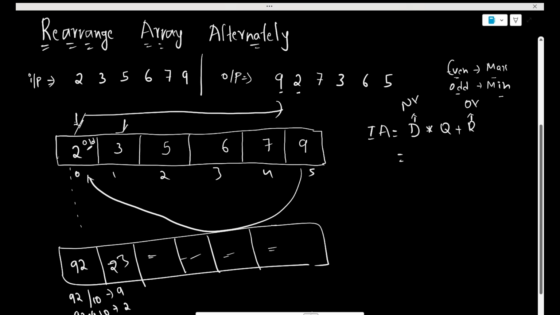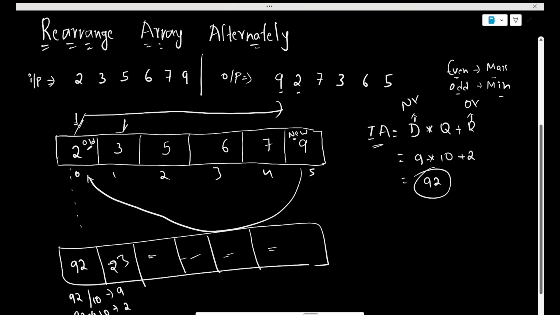What are we going to replace 2 with? 9. So this is the new value, right? Here the new value is 9 into, let's take the quotient as 10, plus the old value, 2. This is 92. That's how this intermediate value is generated.